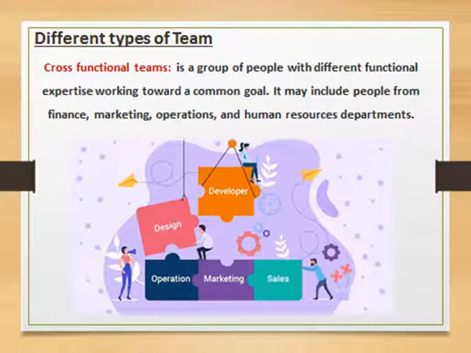There will be different people and teams working under these functions, and there will be cross-functional teams who have to come together as a group to make certain decisions. So there will be people from finance, human resources, production, marketing, and sales. They come together and form a team to make major decisions inside the organization. So a cross-functional team is again a different type of team.